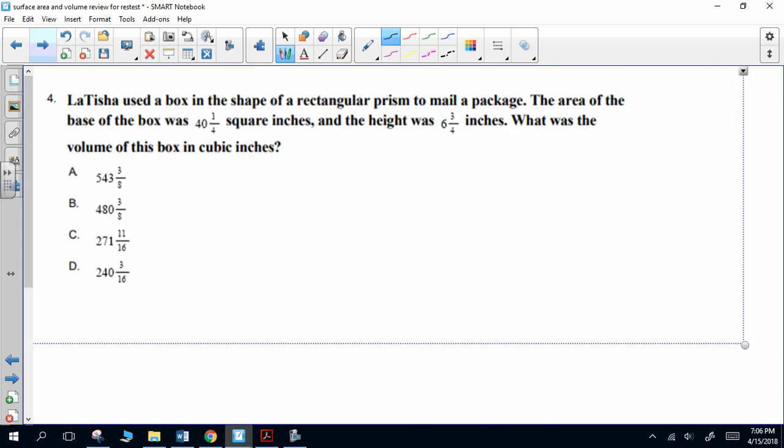Okay, next question. Letitia used a box in the shape of a rectangular prism to mail the package. The area of the base of the box was 40 1/4. The height was 6 3/4. What was the volume of the box? So the formula for volume is capital BH. Capital B stands for the area of the base.